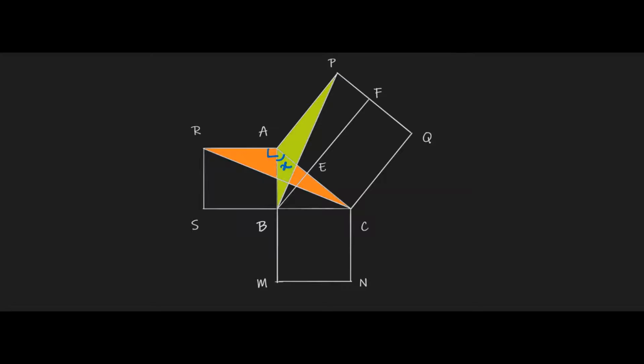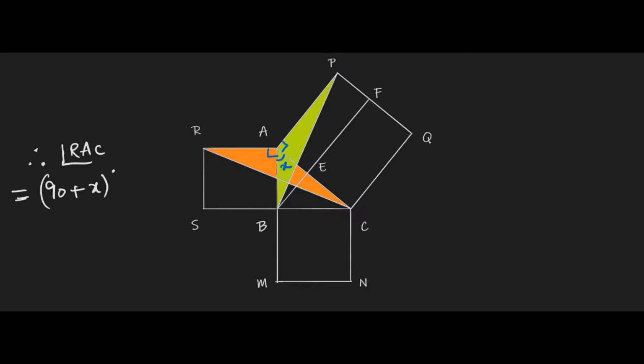And we also know angle PAC is 90 degrees because it's part of the square PACQ. Therefore, in the orange triangle RAC, angle RAC is equal to 90 plus X degrees.